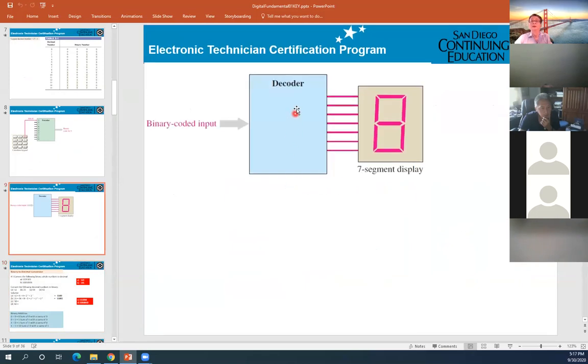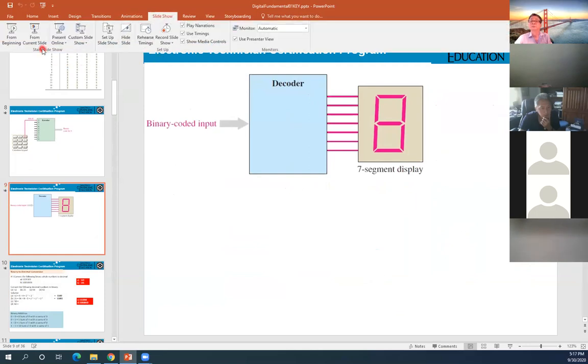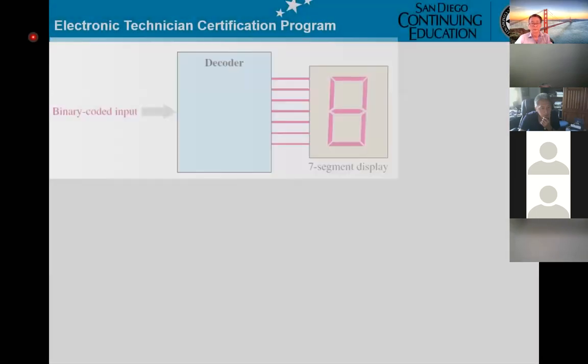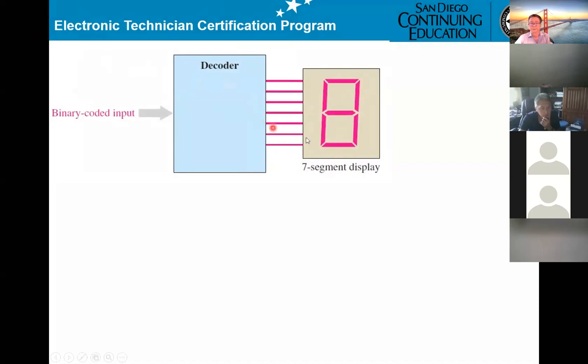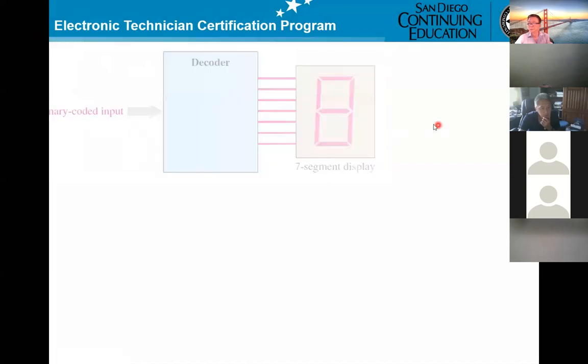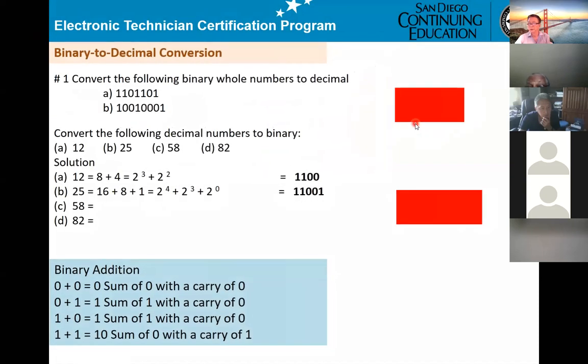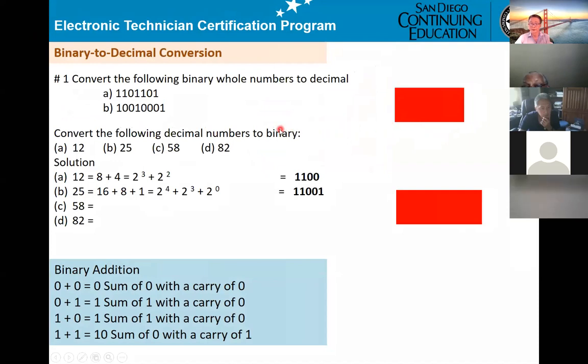Okay, now. First thing they say is they want converting binary to decimal.